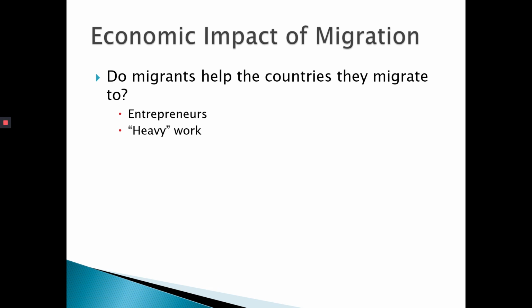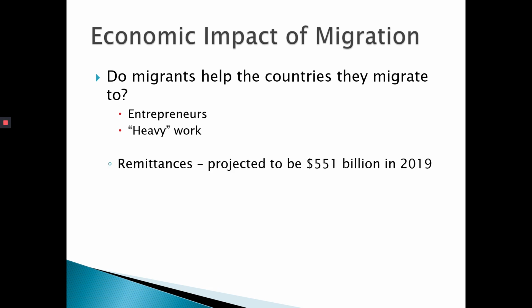And they do benefit the countries that they are leaving from in that they will send back what's called a remittance. For example, those Filipinos working in the United Arab Emirates will send money back home. And remittances are estimated to be upwards of $500 billion. That's money that's going back home, and so it might have a benefit on the country that they're leaving.